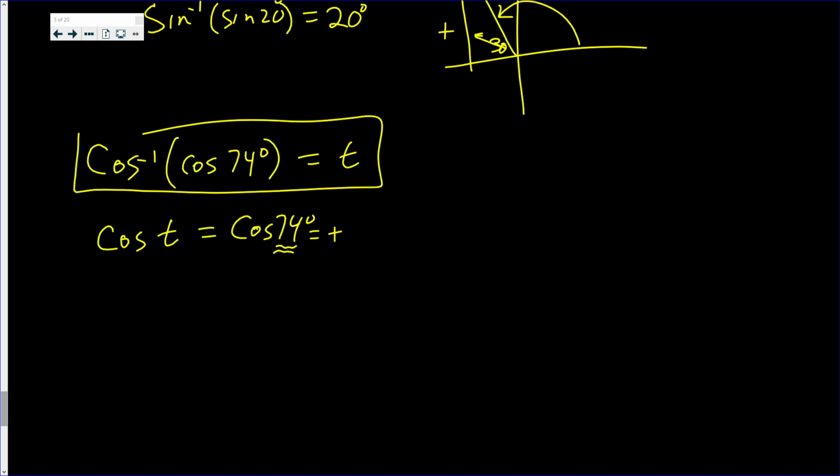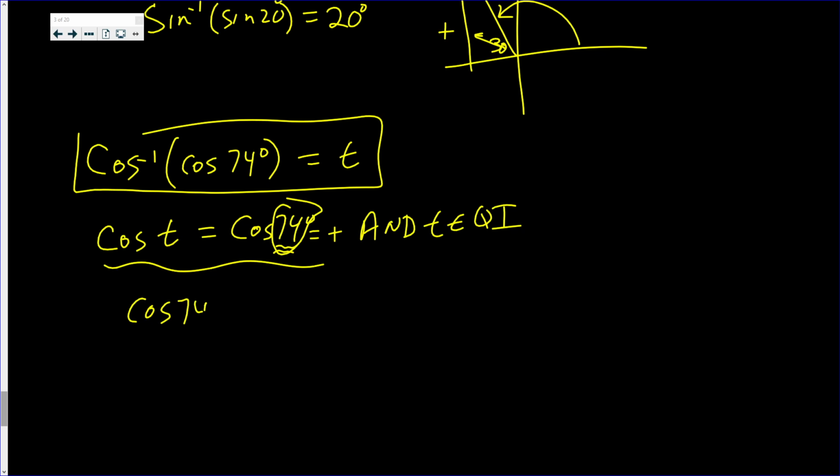This implies this, and t is in quadrant 1. But that angle is in quadrant 1. Of course, the cosine of 74 degrees equals the cosine of 74 degrees, and 74 is in quadrant 1.